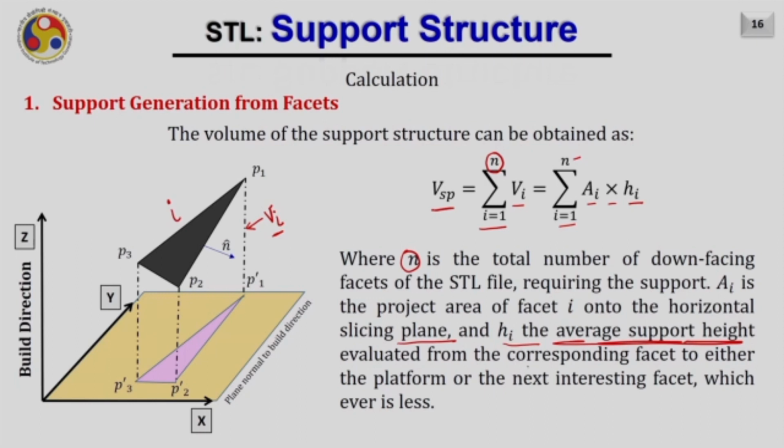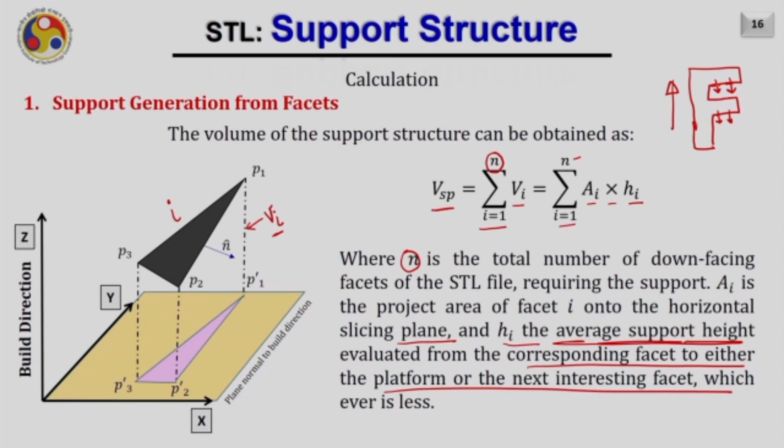Now what is the meaning of this? So for example, if you are building an object maybe like this, in this direction, these are the facets that have a downward normal, and also these are the facets that have a downward normal, and assume that they all need support.